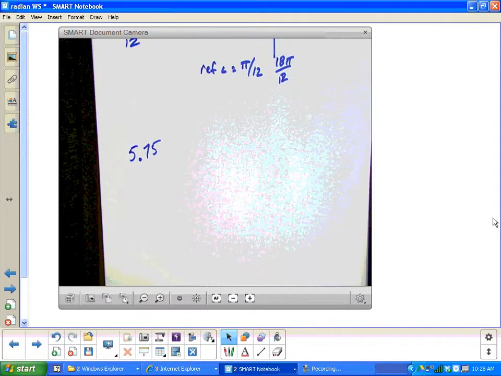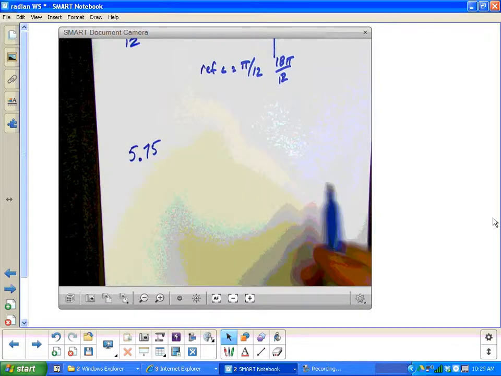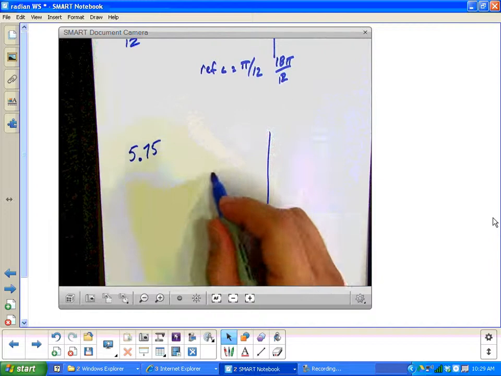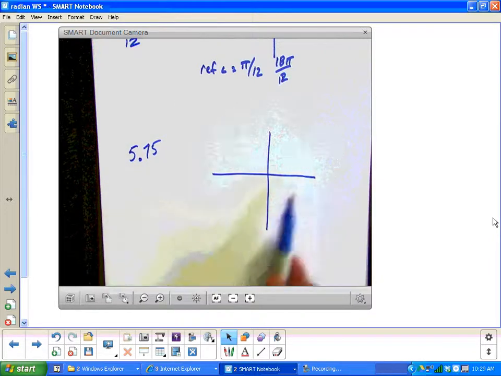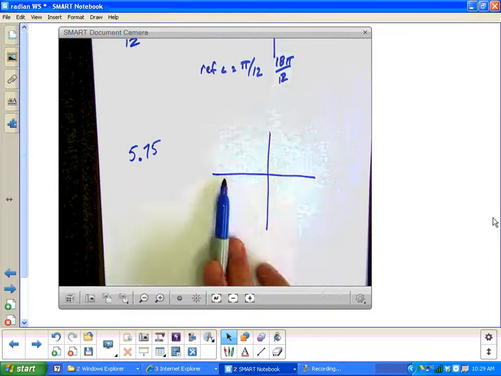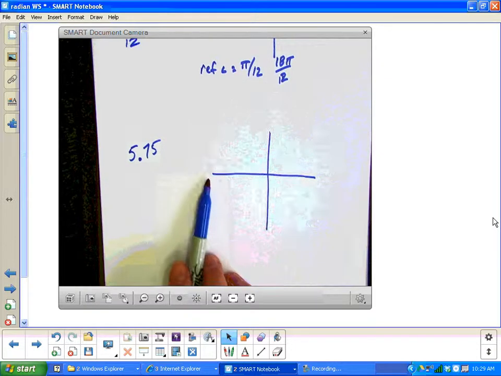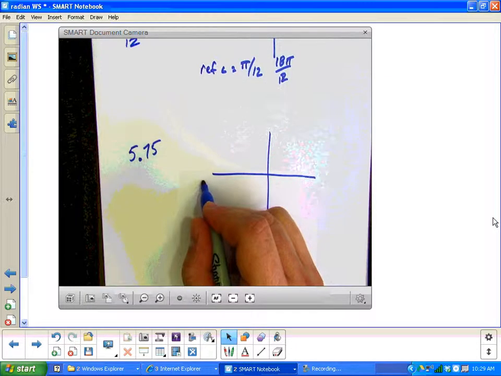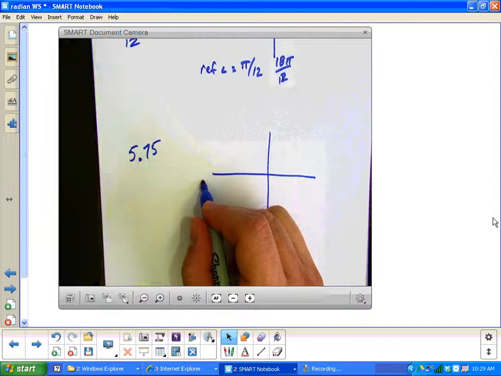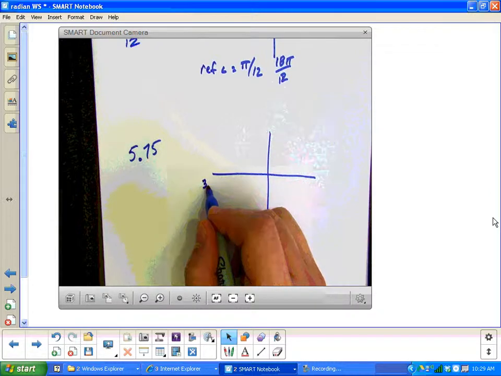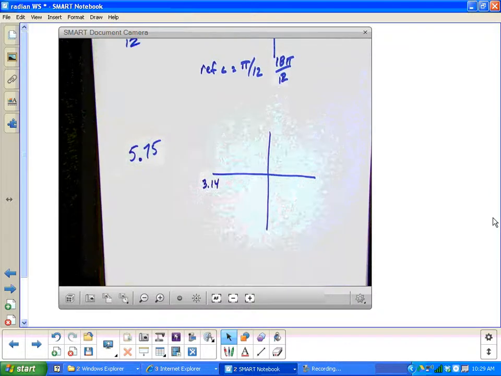Okay, so really the decimals aren't that hard. All you have to do is just think of these values in terms of decimals instead of in terms of pi. Okay, so instead of writing the pi symbol, what's a decimal I could write right there? 3.14.